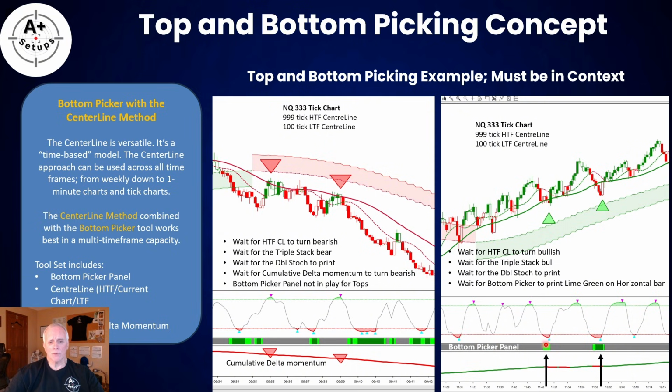That's the bottom picking tool. And then this line here is cumulative delta on both charts. What you're looking at here is a tick chart for this example to explain the concept. It's a 333 tick chart with a 999 tick higher time frame center line and a 100 tick lower time frame center line. Now our toolkit comes with all of these things.